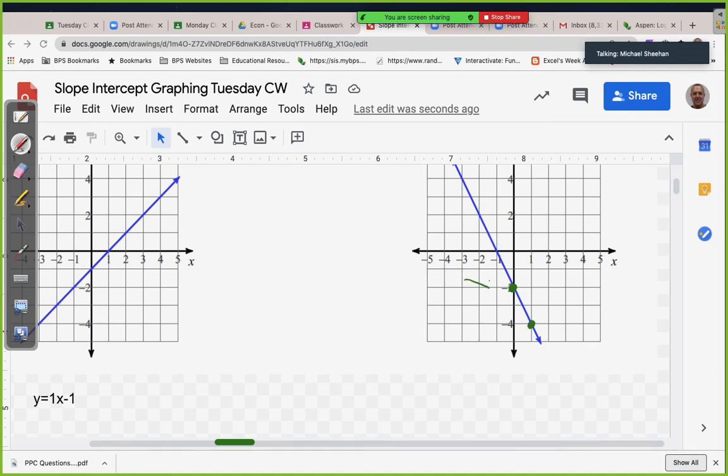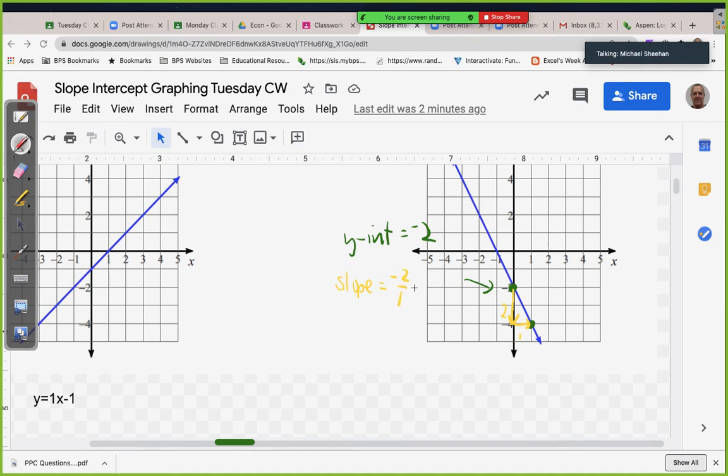So first of all, my y-intercept is -2. My slope is negative. I'm going to count 1, 2, down 2, over 1. So my slope, negative 2 over 1. -2 over 1.